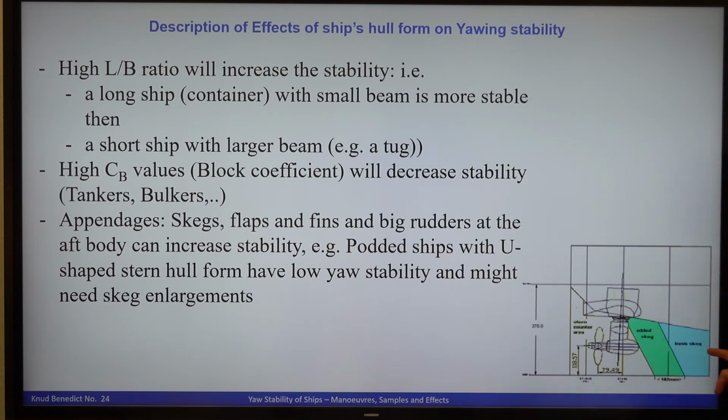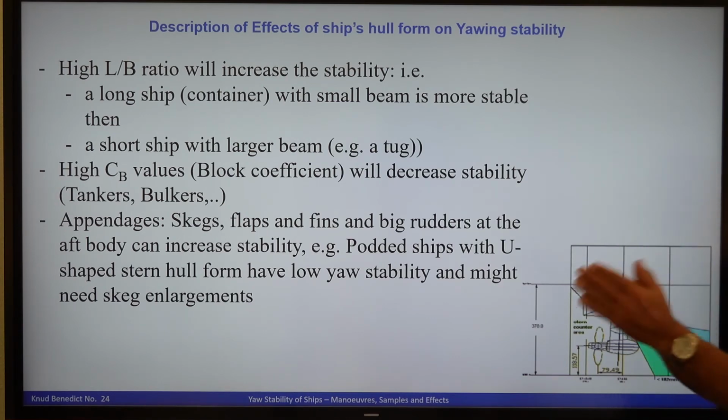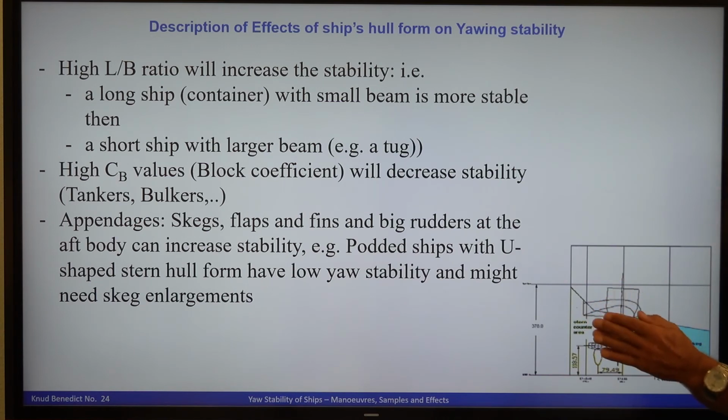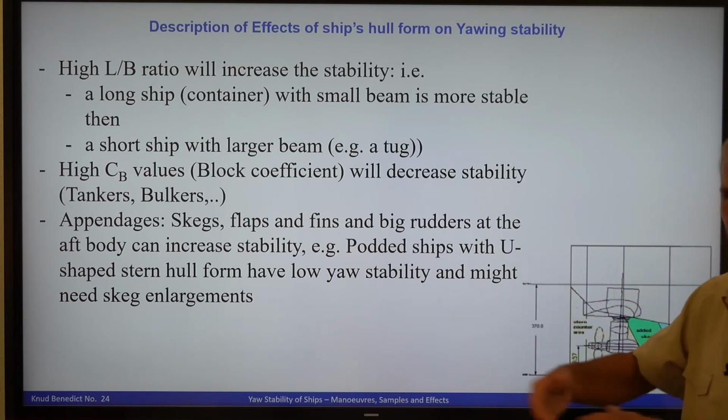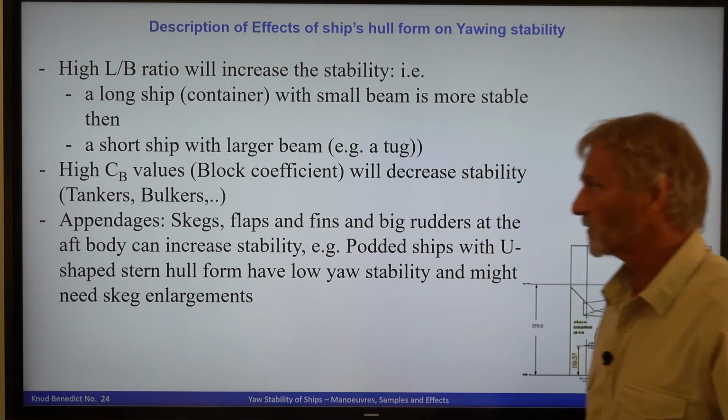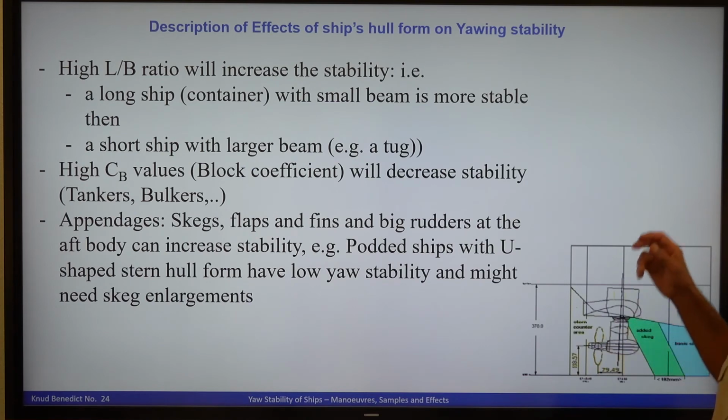You see here some skegs. So they add a skeg in the center between both pods, like a fin, a stabilizing fin to keep the ship straight. Or you even have to add another fin area or skeg area to get the ship stable.